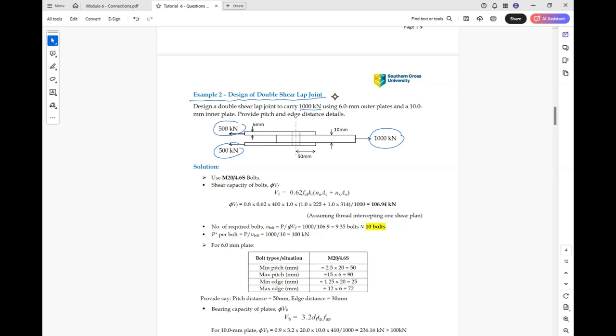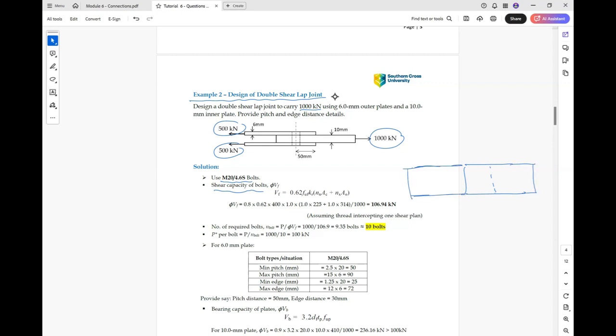We need to design the double shear joint and provide the edge, pitch and edge distance details. In this example, we use an M20 4.6/S bolt, and the shear capacity of the bolts. If we look at the connection in plan, this would be the connection in plan.